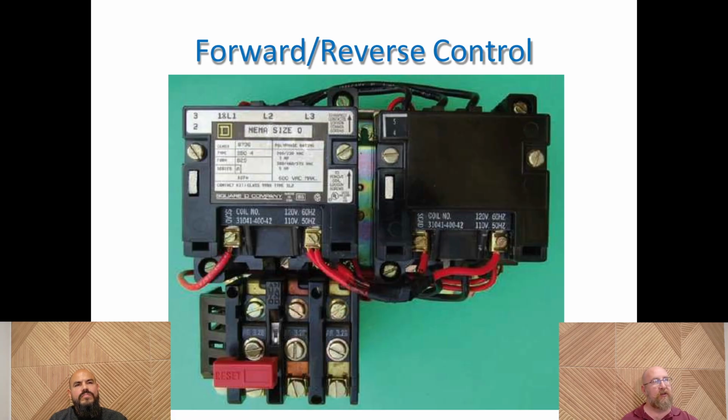And then you'll see these where you have two contactors that are essentially wired in parallel with one another, and then their output is put together into, say, the overload relay or straight into the motor. Basically, whichever contactor is active is going to determine the phases that are sent to the motor.